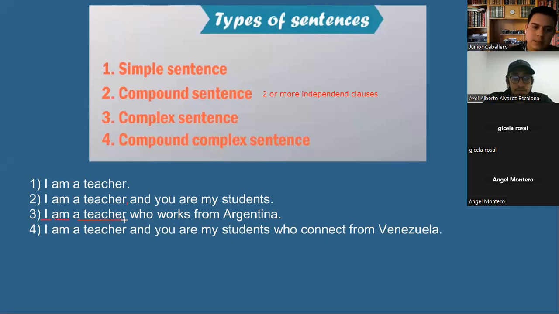But here, a teacher is not working as a subject. The subject in this sentence is the personal pronoun of first person, I. So be careful with the position of the nouns. Here, a teacher is a complement or a noun phrase, but it's not a subject in this sentence.